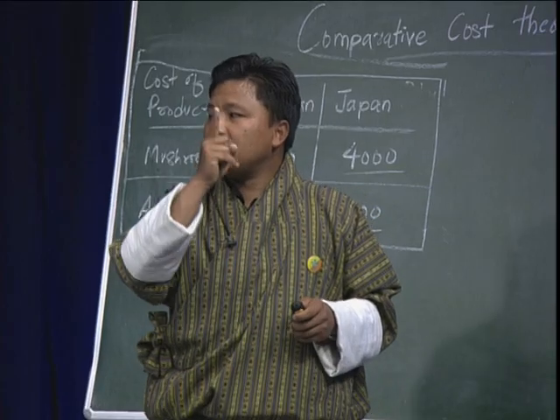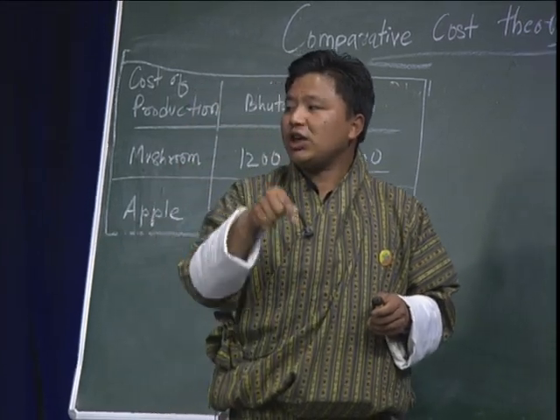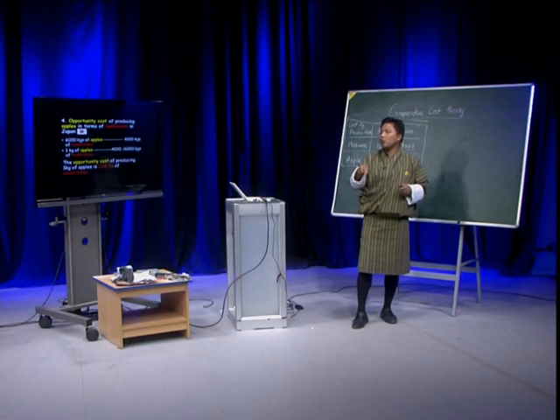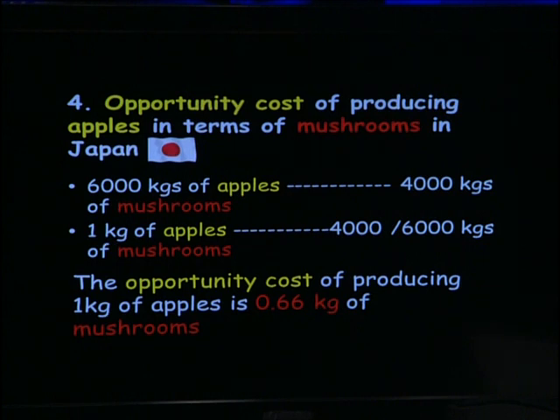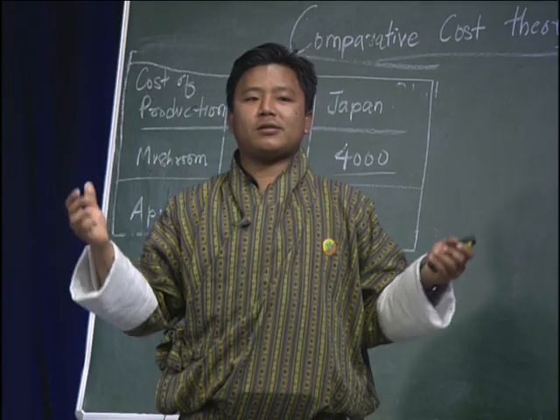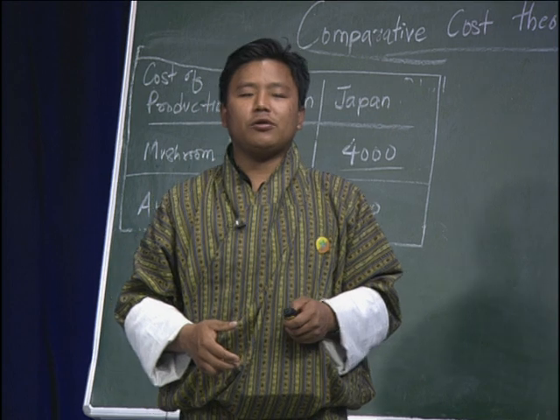Therefore, the opportunity cost of producing 1 kg of apple is 0.66 kg of mushroom. Now we are done with the calculations part, and now let us see the point of specialization.